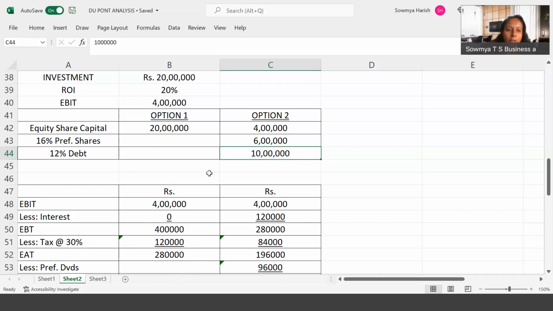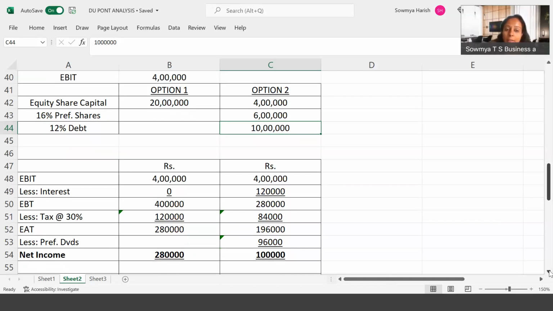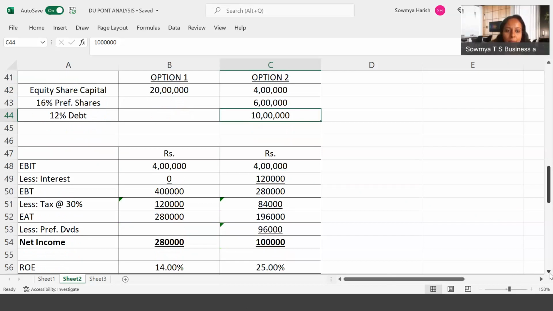But in case of the second, it is 16% on 6 lakh. So 16% on 6 lakh comes up to 96,000, which is the preferred dividend you're going to pay. Then the net income which is available would be 2,80,000 in the first case and 1 lakh in the second case. And this is the net income that is available to the equity shareholders.